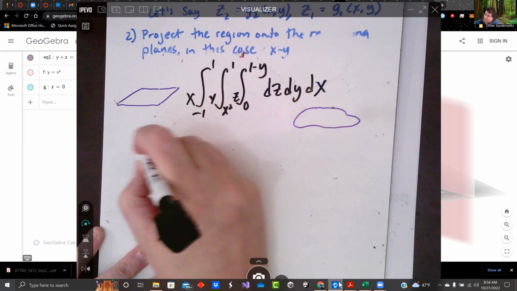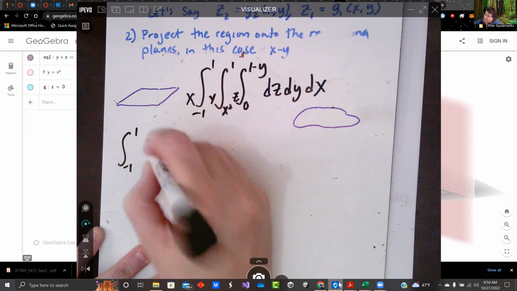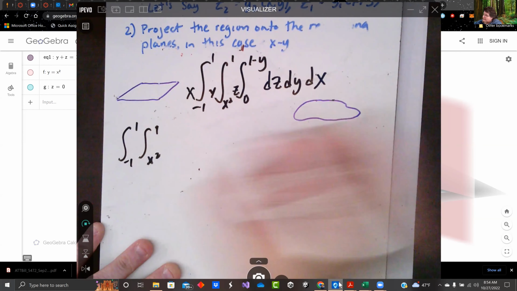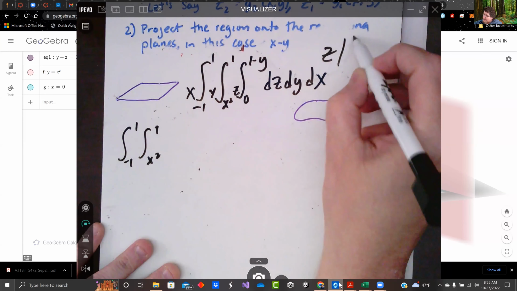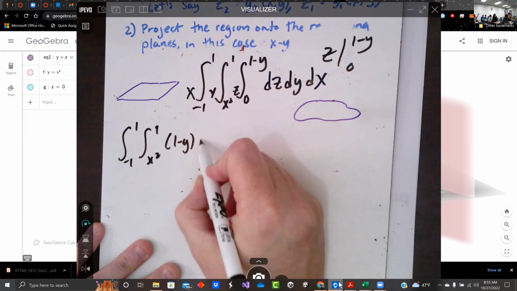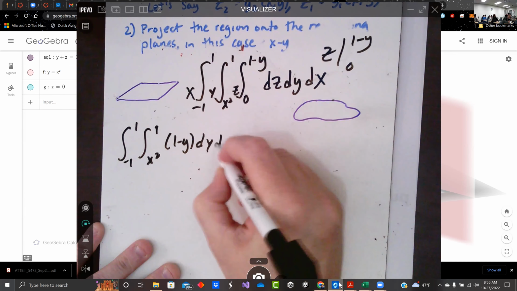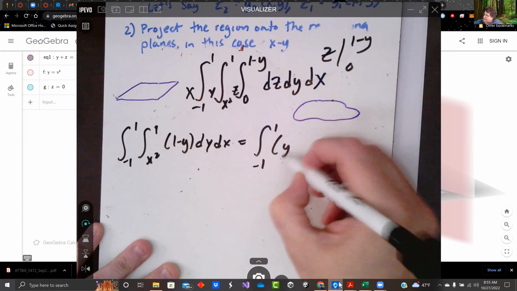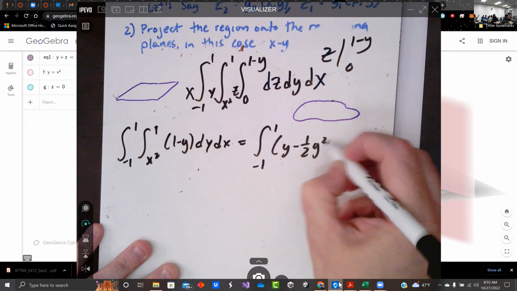So I got -1 to 1, x squared to 1, of z from 1 minus y to 0 gives us 1 minus y there. I've got y minus 1/2 y squared.